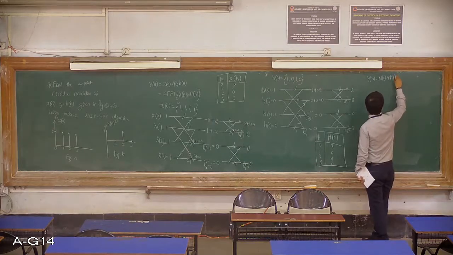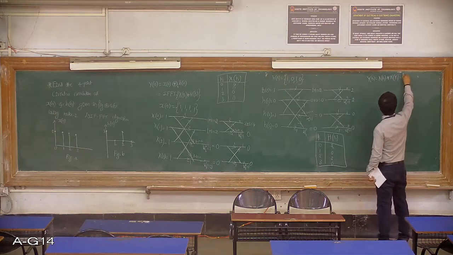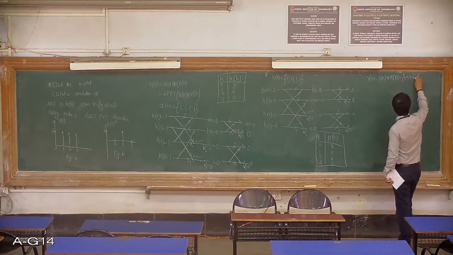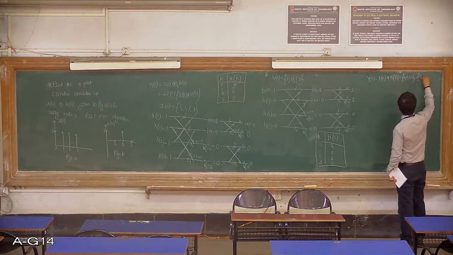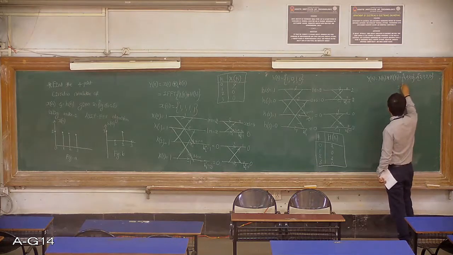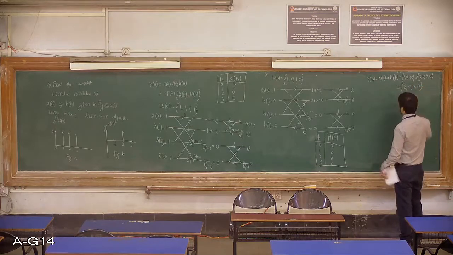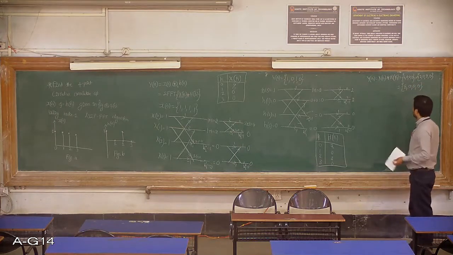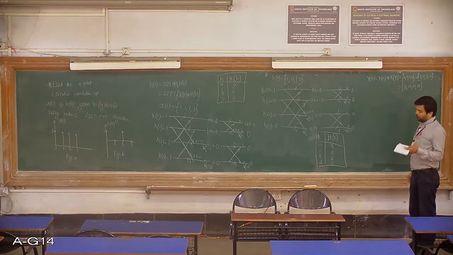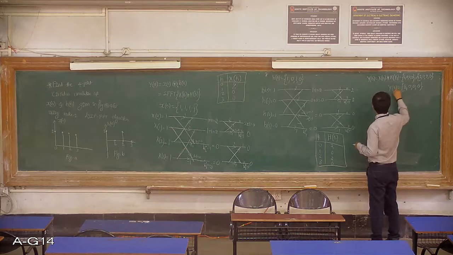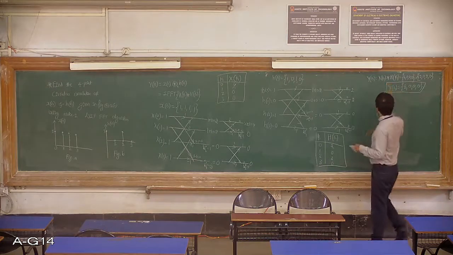That is nothing but 4 0 0 0 multiplied with 2 0 2 0, and we'll get 8 0 0 0. So this is y of k.